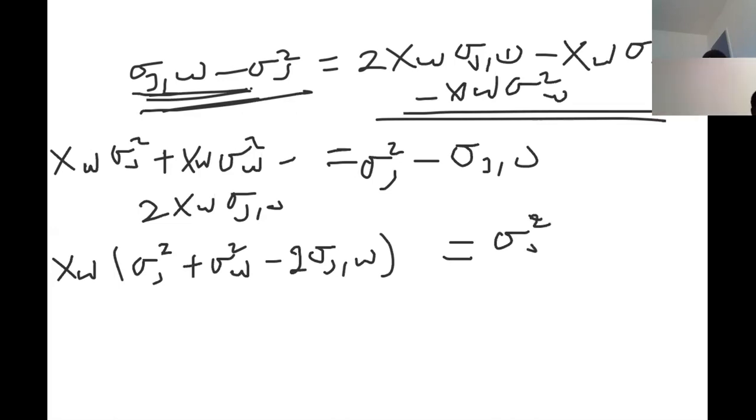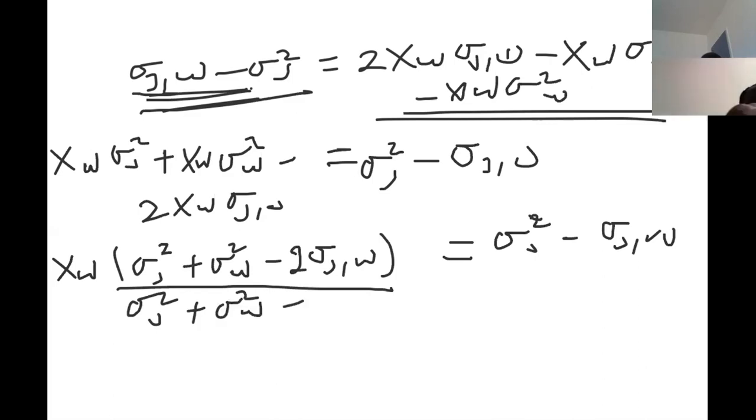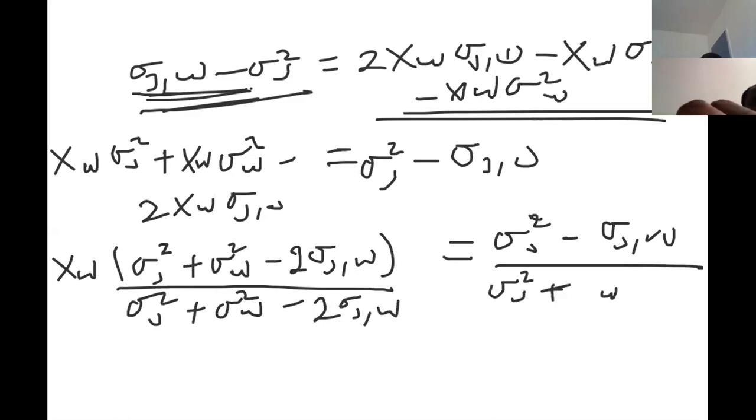So I will divide both sides by this part: variance of J plus variance of W minus 2 covariance of JW. The same thing, variance of J plus variance of W minus 2 covariance of JW. That means this cancels this one.